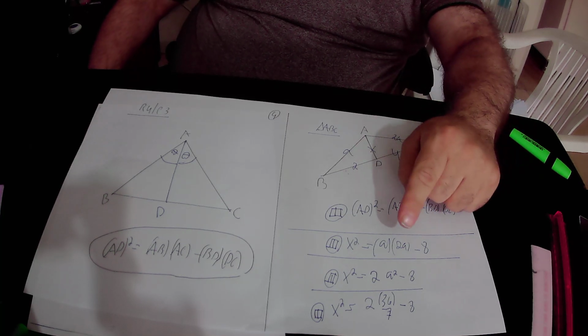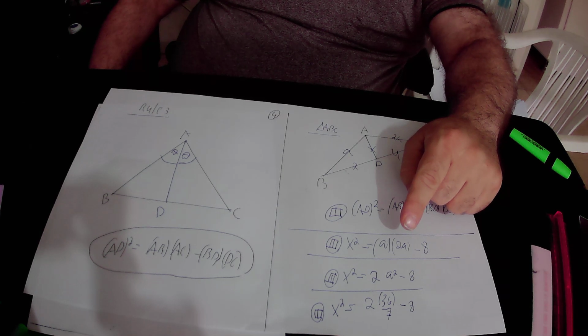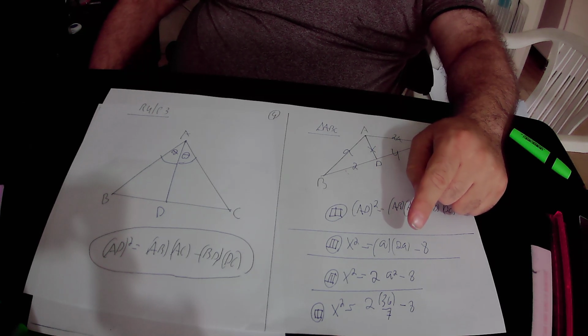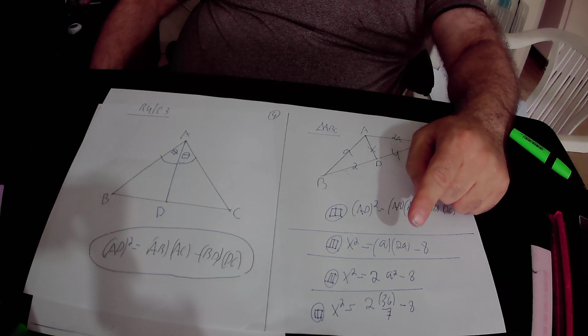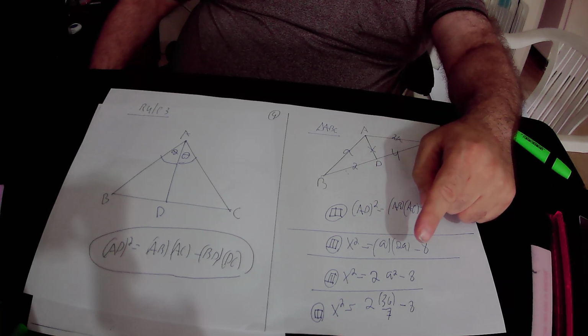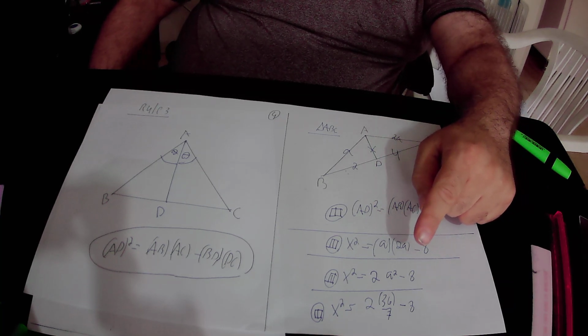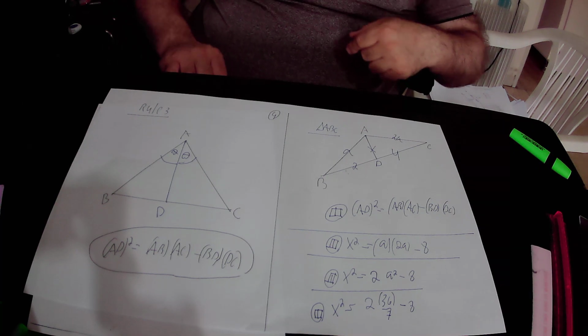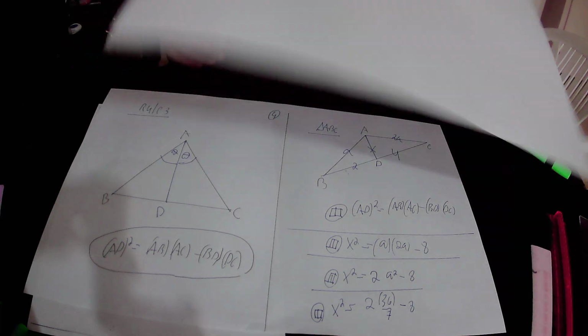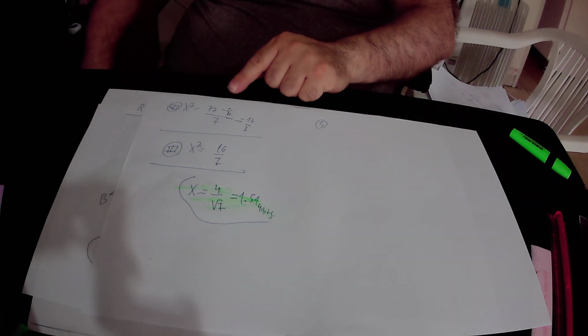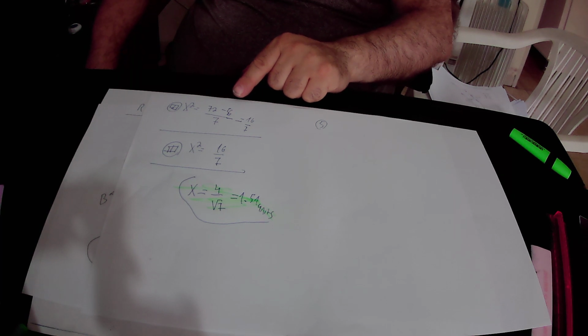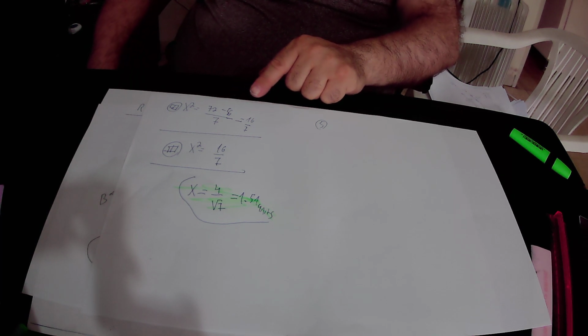We have already found that A square equals 36 over 7, so we can substitute A square by 36 over 7. We did it, and got that X square equals 2 times 36 over 7. 2 times 36 is 72. And we found that X square equals 72 minus 56 over 7. 72 minus 56 is 16.